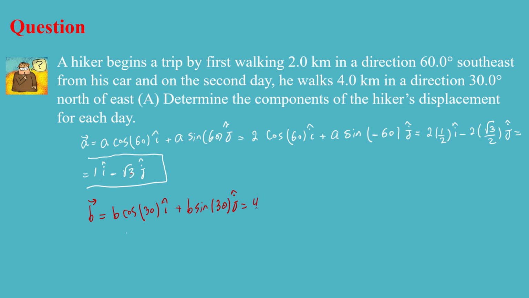And it's going to be 4 times root 3 over 2 I plus 4 times half J. So this is going to be 2 root 3 I plus 2 J, and this is my B.